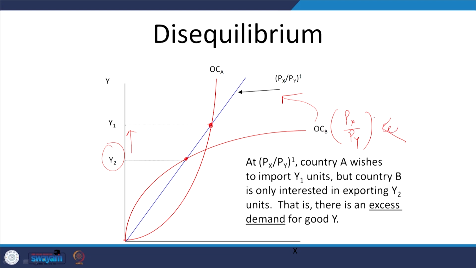Just the reverse holds for country B, so accordingly you can check.